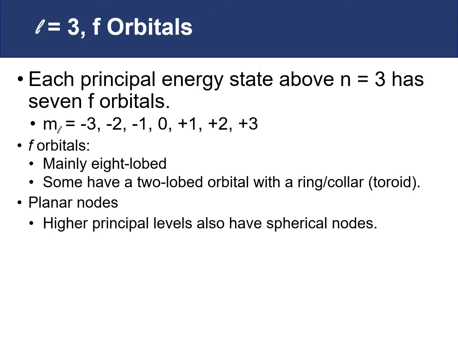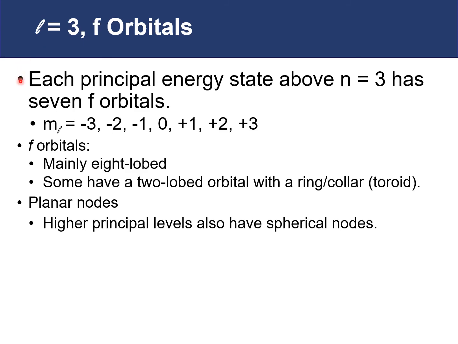The last of the orbitals that we will be regularly working with are the f orbitals, where L is equal to 3. There are theoretical orbitals, the g, h, and i orbitals, but in general the periodic table does not extend far enough to make use of these orbitals. Because these occur for L equal to 3, and the L values range from 0 to n minus 1, in order for us to have an L equaling 3, our minimum n value of our principal quantum number has to be 4.